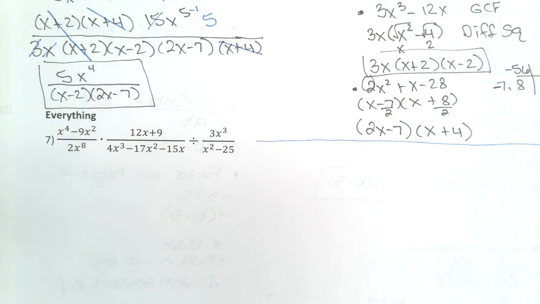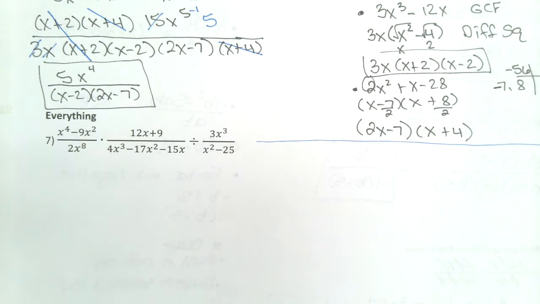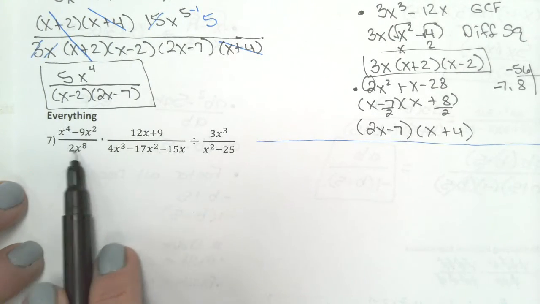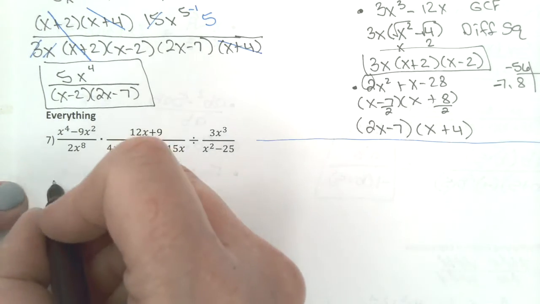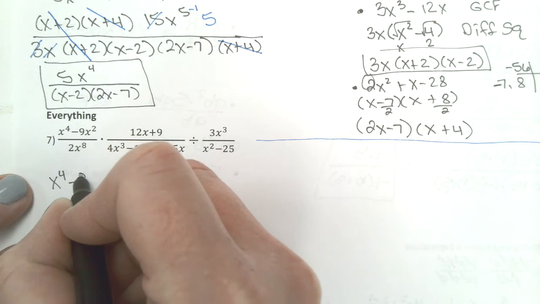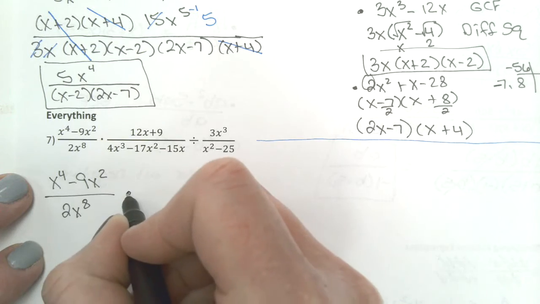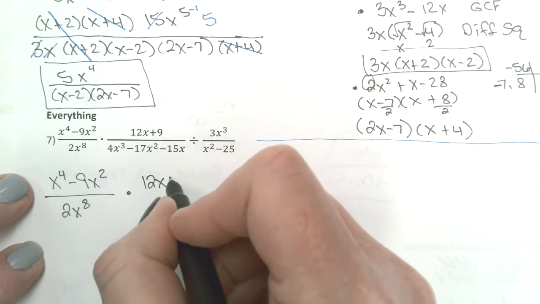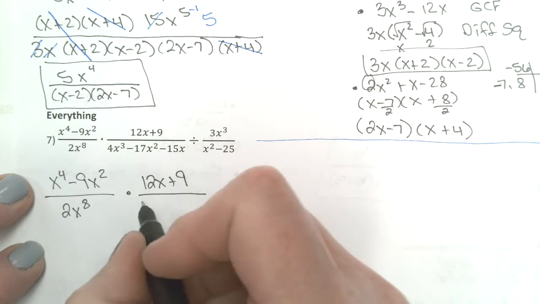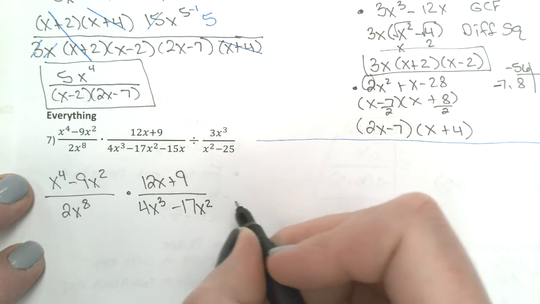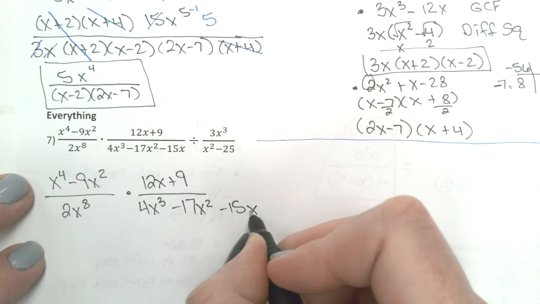Let's say that we have a multiply and a divide in the same problem. All right, so these first two, nothing changes about it. So I have x to the 4th minus 9x squared over 2x to the 8th times 12x plus 9 over 4x to the third minus 17x squared minus 15x.